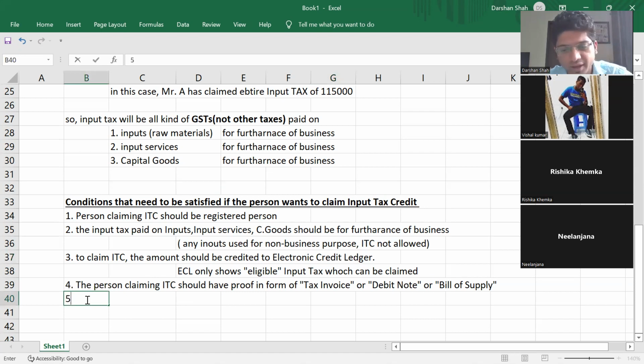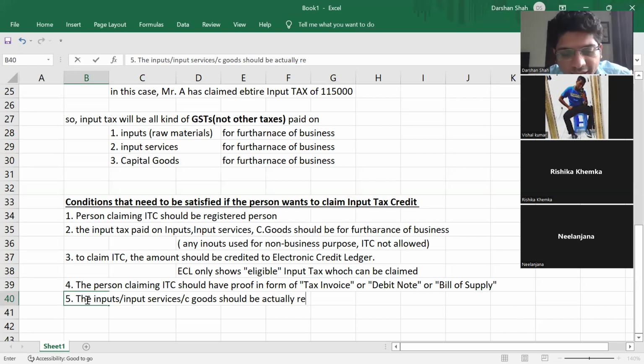Next, number 5. Number 5 is that the inputs, input services or the capital goods on which he wants to claim ITC should be actually received, and not receivable.